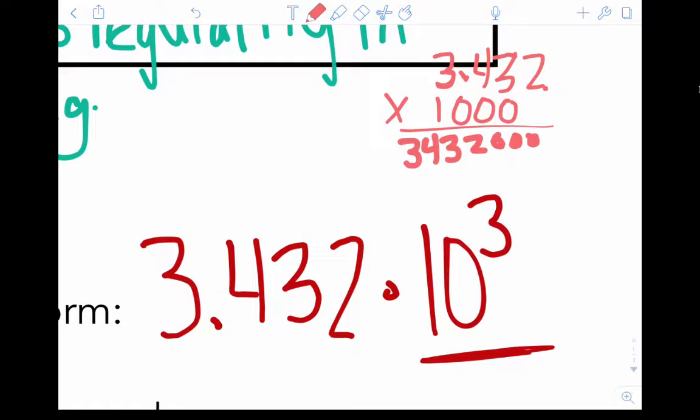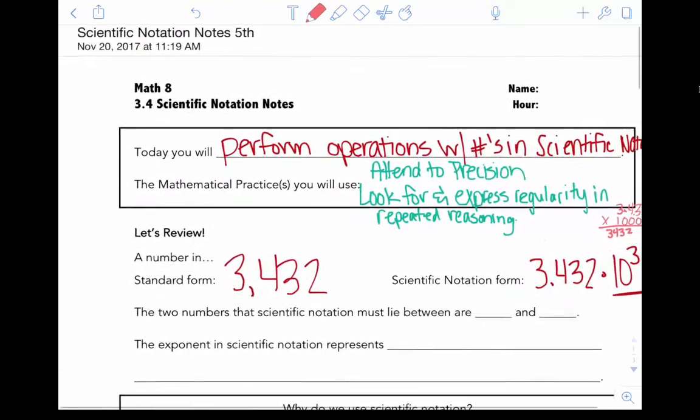And I have 1, 2, 3 decimal places that I need to put in here. So this number, if I multiply that out, is 3,432, which is the standard form.